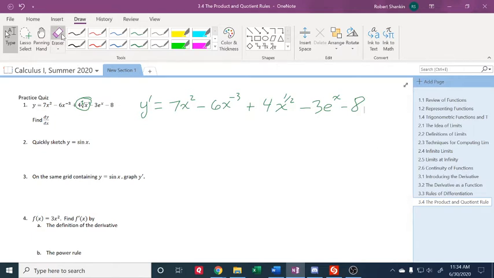It's a common student error to put a prime when all you're doing is rewriting the original problem. So what we want instead when we do that is we just write the y. And then you put y prime next.